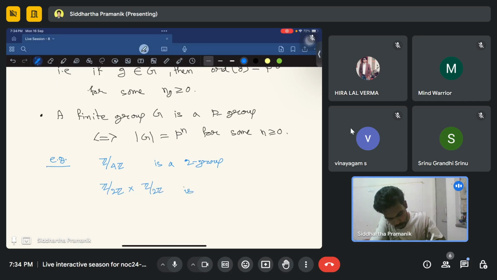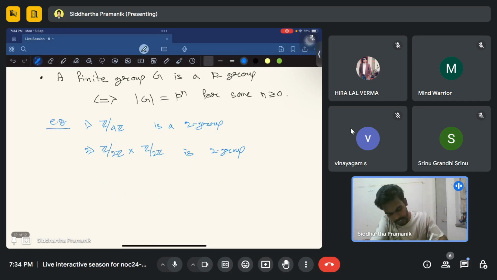It is also a 2 group of order 4, but this one is cyclic and this one is non-cyclic. So this group is a special group. This is known as Klein's 4 group.